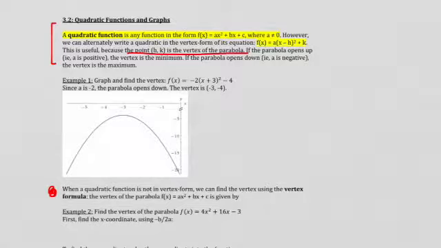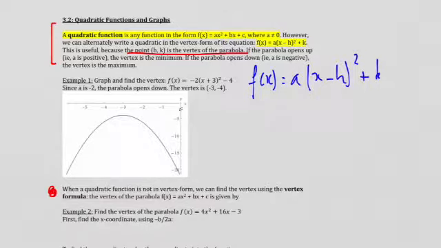All right, so if you look at example number 1, when you have your expression defined as f of x equal negative 2 times (x plus 3) squared minus 4, what you can do is compare that expression to the expression f of x equal a times (x minus h) squared plus k.